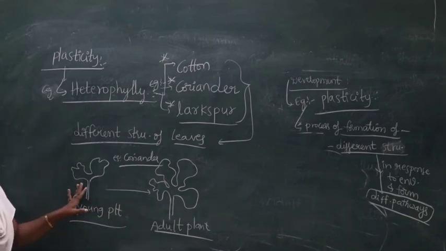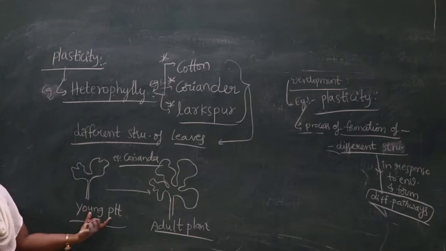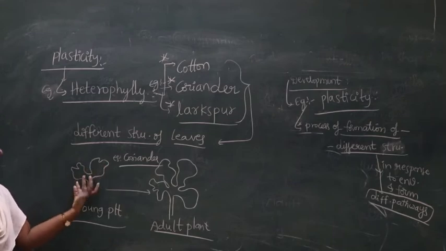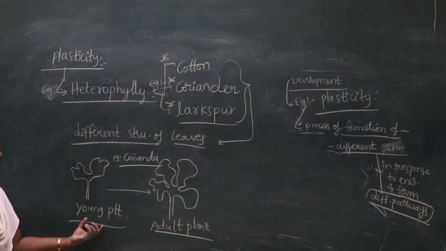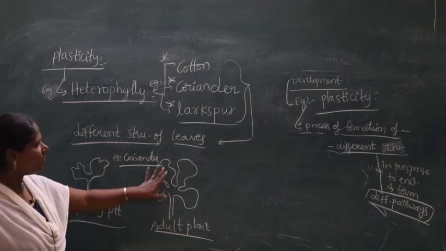Let us take the example of coriander. In coriander, the young leaf has only 2 lobes. The structure is different. When the young leaf becomes an adult leaf, you can see so many lobes.